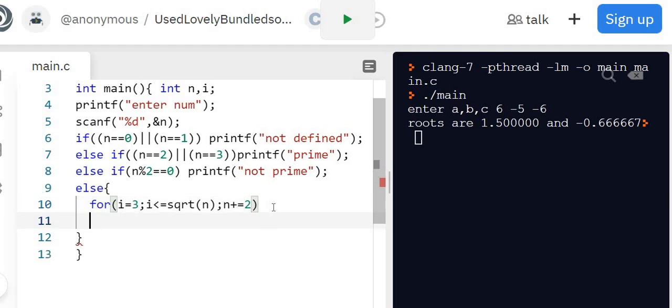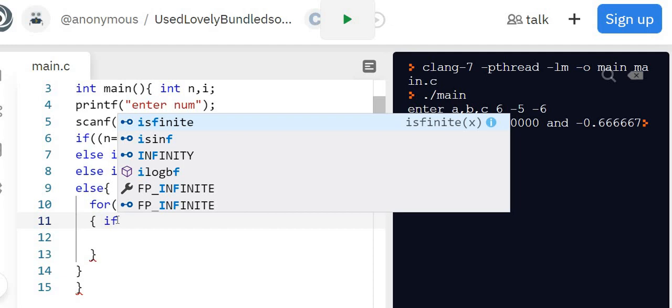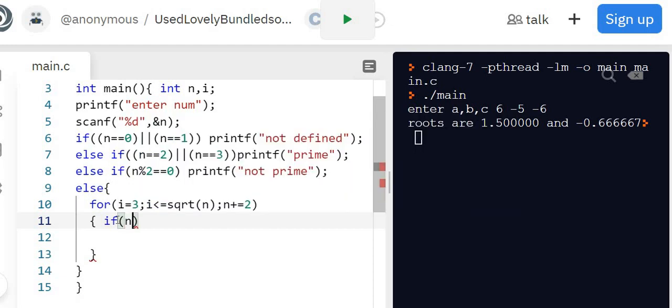Under this condition, what we have to do is we have to check whether the number is divisible by i or not. So in the for loop, if n percent i is equal to 0, then it is not prime.